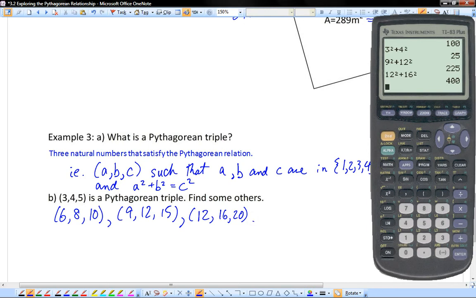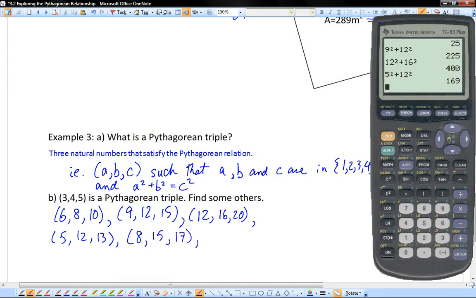A few more. 5, 12, 13. You can verify that with your calculator. 5 squared plus 12 squared is equal to 169. That's 13 squared.